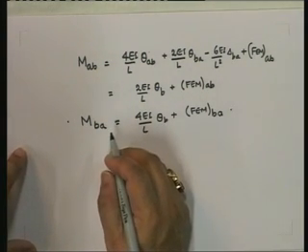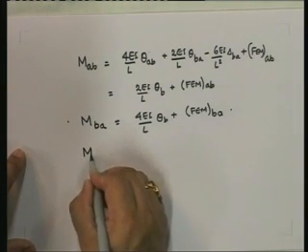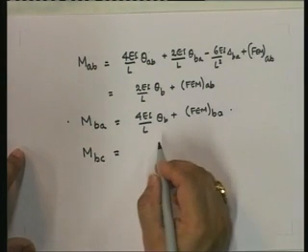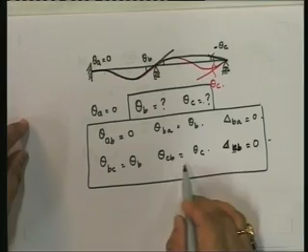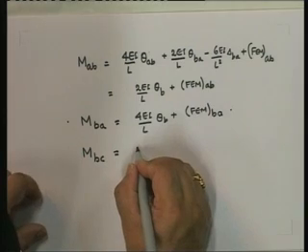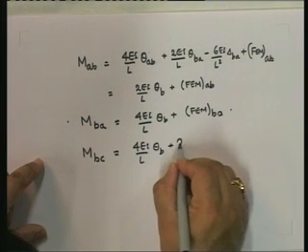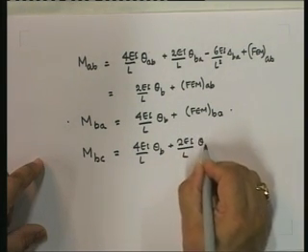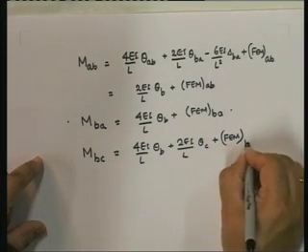Let me write down equations for MBC. Okay, again MBC, by writing down the slope deflection equations, and substituting that theta BC is equal to theta B and theta CB is equal to theta C and delta CB is equal to 0, what I get is the following: 4 EI upon L theta B plus 2 EI upon L theta C plus fixed end moment at BC.